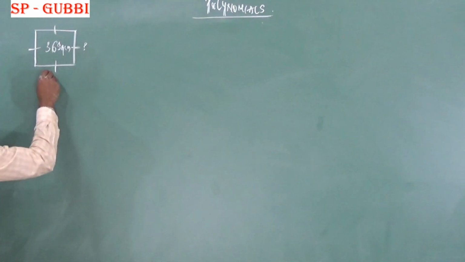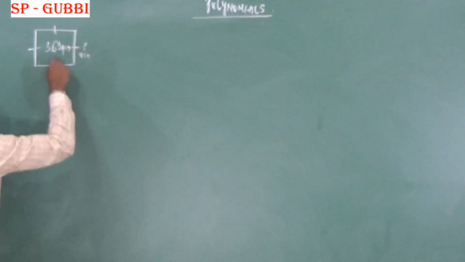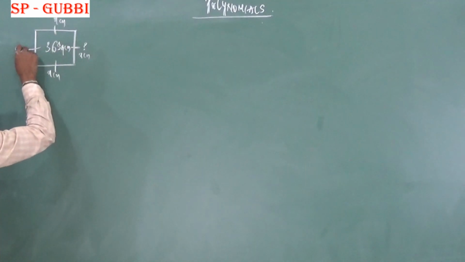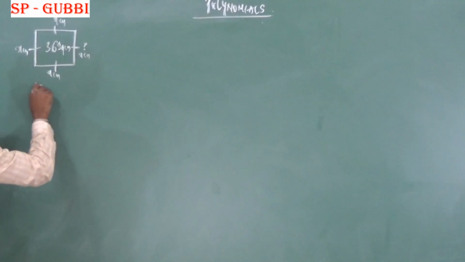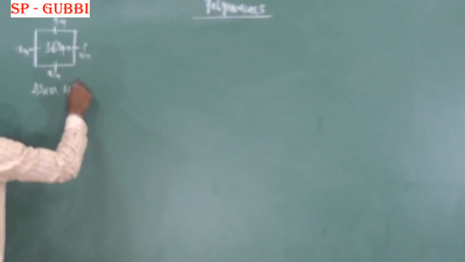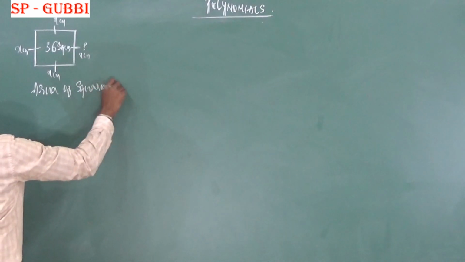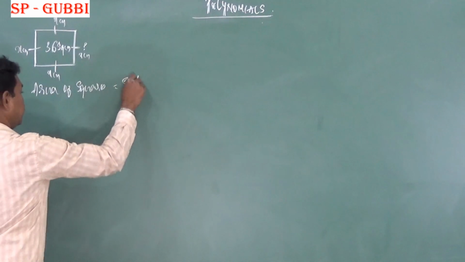If you consider the sides of the square to be 8 centimeters, 8 centimeters, 8 centimeters and 8 centimeters, then the area of the square can be given as side into side.